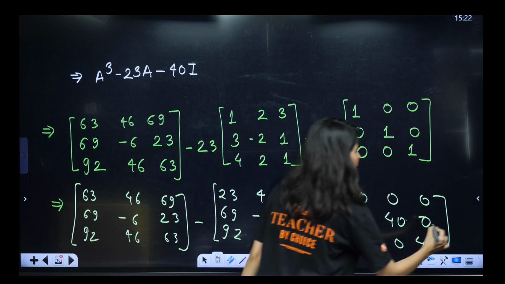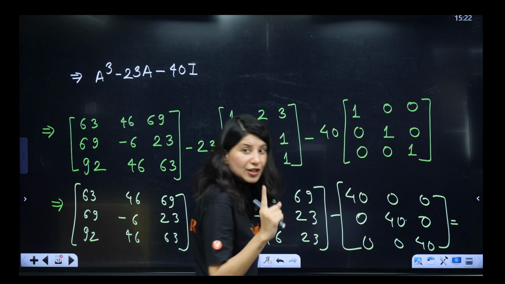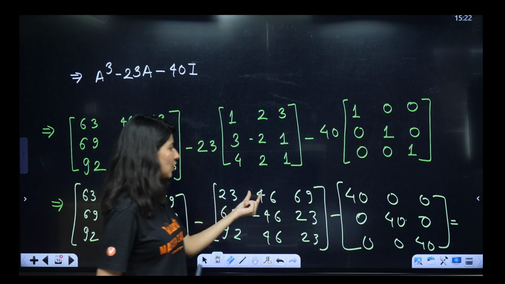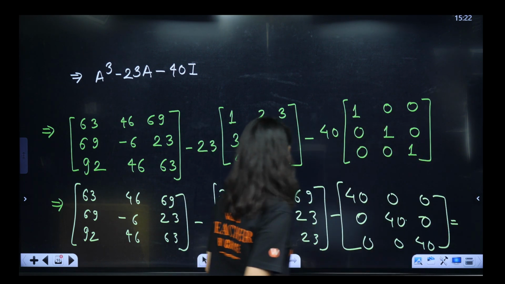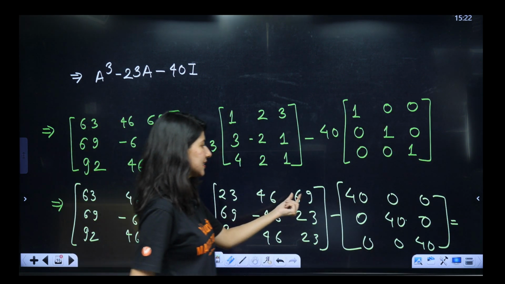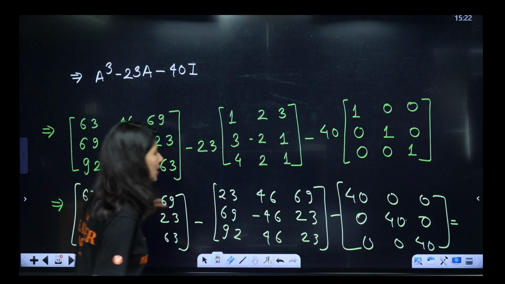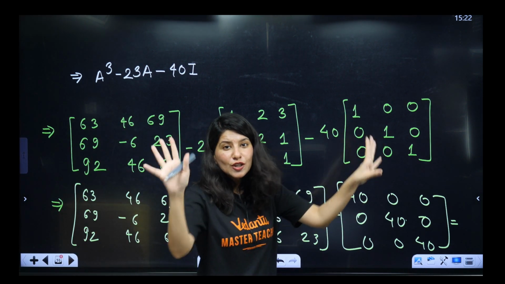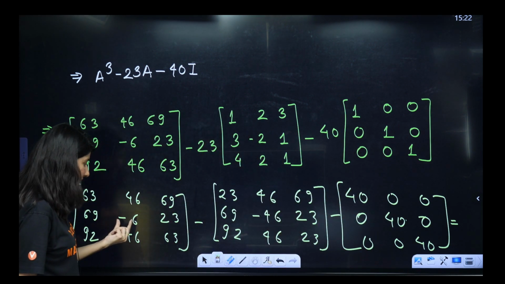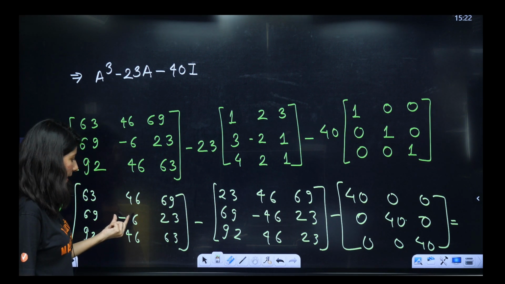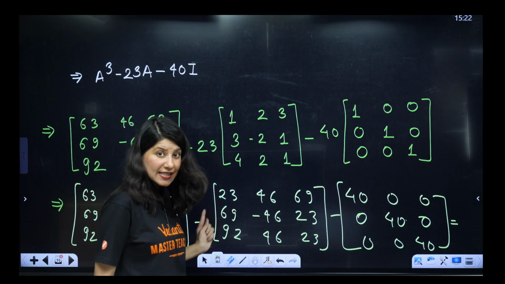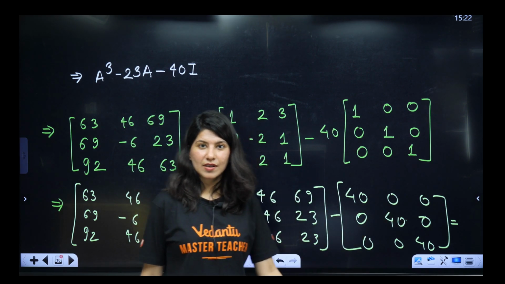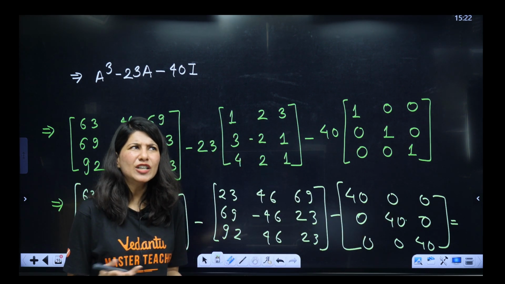So eventually what you are going to get is, the first row, first element is 0. 46 minus 46 minus 0, 0 again. 69 minus 69 minus 0 again 0. First row is 0. Then 69 minus 69 minus 0, 0. Minus 6 plus 46 minus 40.